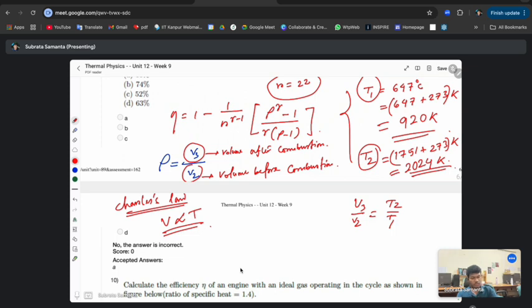So let's say this is V2 and this is V1, and this is basically T2 over T1.